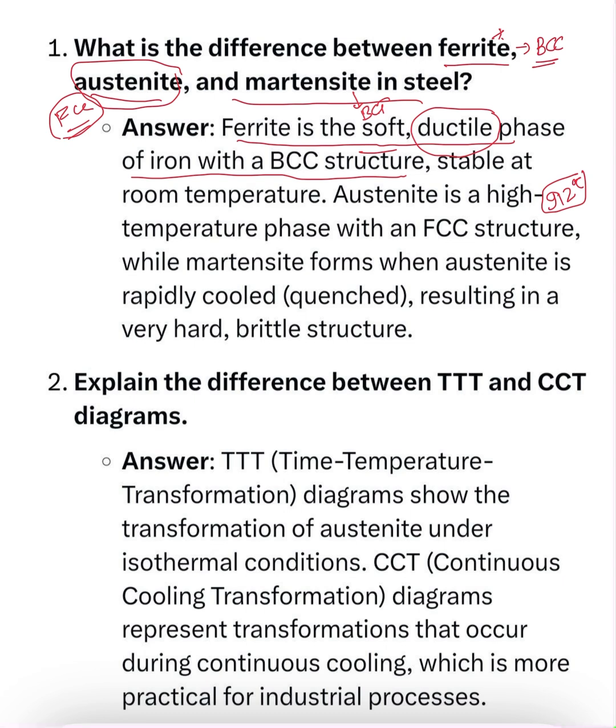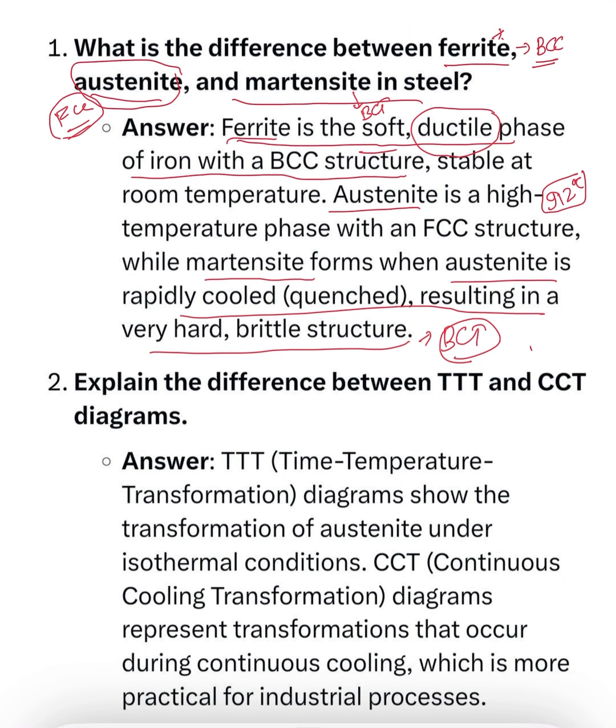So the main difference between austenite and ferrite is that ferrite is magnetic and austenite is non-magnetic. And then let's come to the martensite, which forms when austenite is rapidly cooled, resulting in a very hard and brittle structure, and the crystal structure is body centered tetragonal. So this is the main difference between ferrite, austenite and martensite.